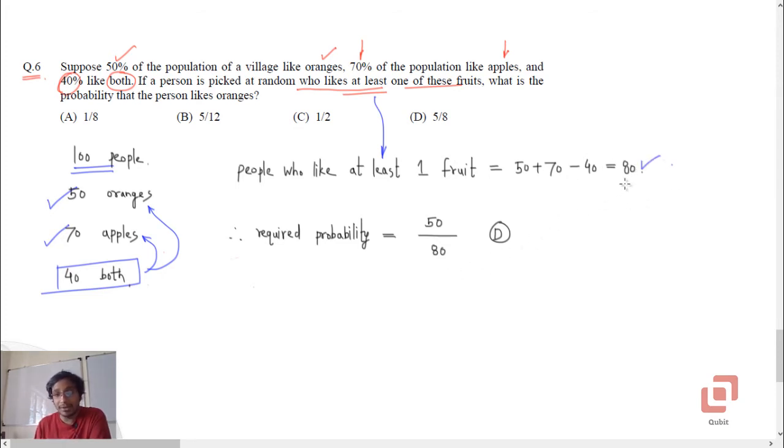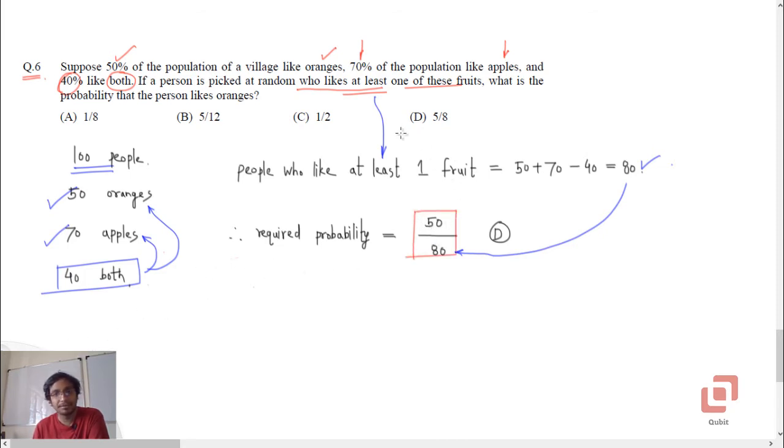Now this 80 will sit in our denominator because we are picking a person from that list which consists of only those people who like at least one fruit. What is the probability that the person likes oranges? Out of these 80 people, there are 50 who like oranges, so 5 by 8 is going to be our answer.